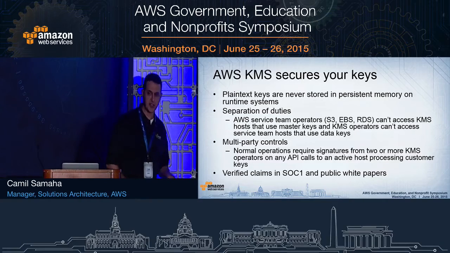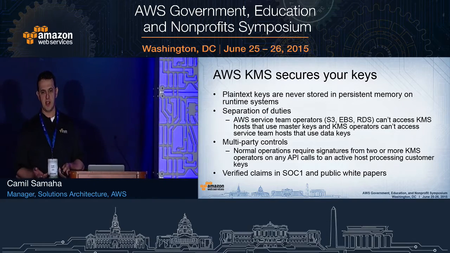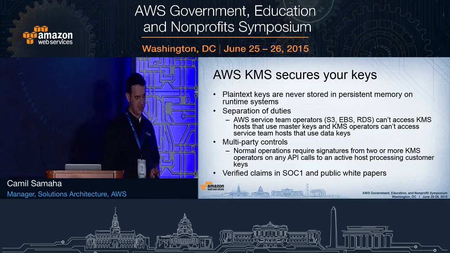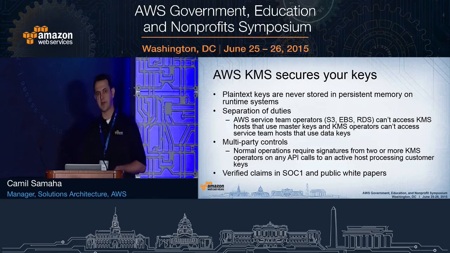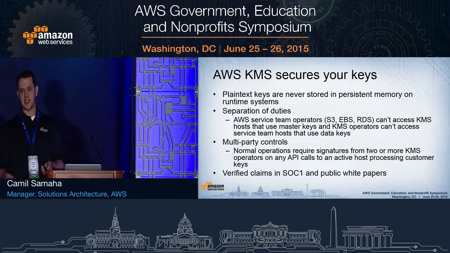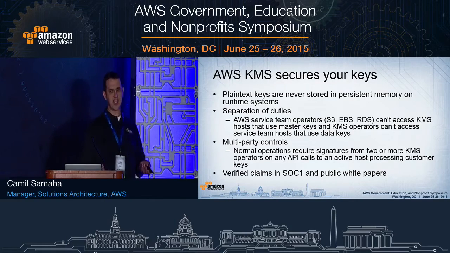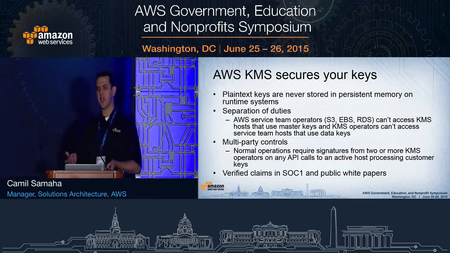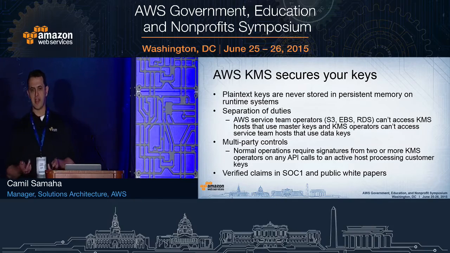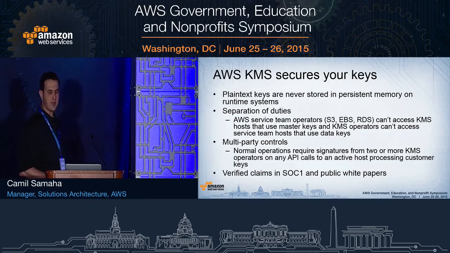So still that question, all right, great functionality, but what about the master keys that I create? How does AWS secure those keys? Well, there are several things that come into play here. The first one is the plain text master keys are never stored in persistent memory. Okay? Second one is the separation of duty. You have your operators or administrators who are managing services like S3 and EBS that leverage KMS.